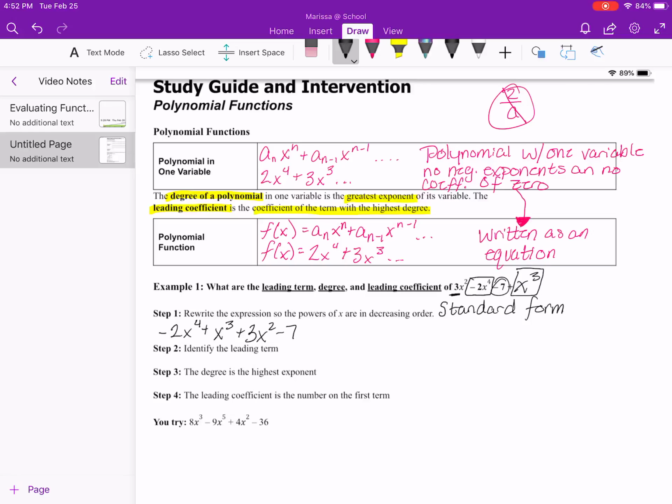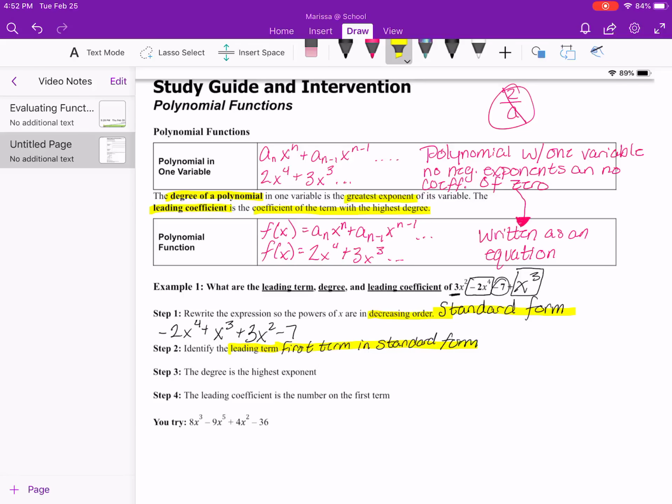So once I have it in standard form, I can determine the leading term. These are things that are important, what I'm highlighting. The leading term is just the front term once I have them written in standard form. So this is the first term in standard form.